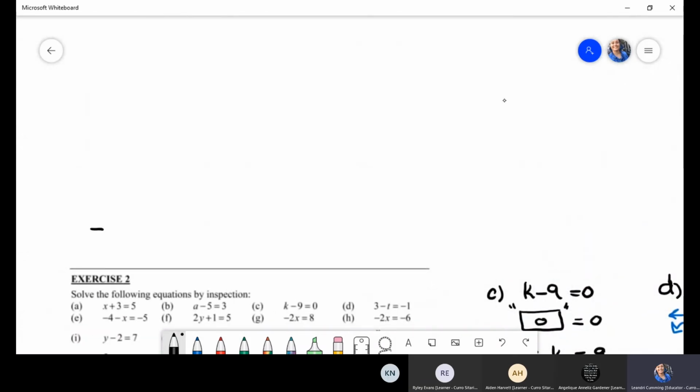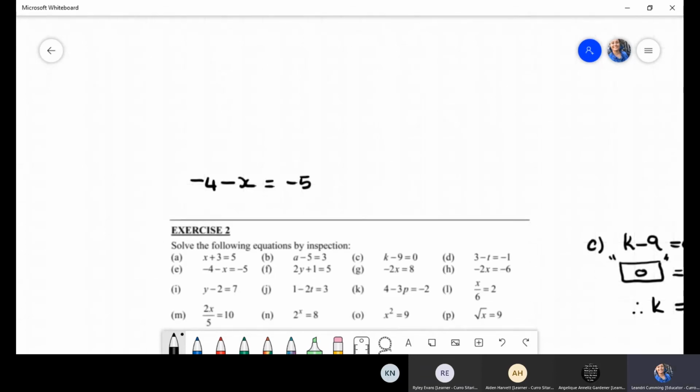Number E says -4 minus x is equal to -5. Now again, we can consider we have a value, we take away another value, we're left with a value. Or you can try and use the inverse operation. If -4 minus x gives me -5, how am I going to do the complete opposite of that?